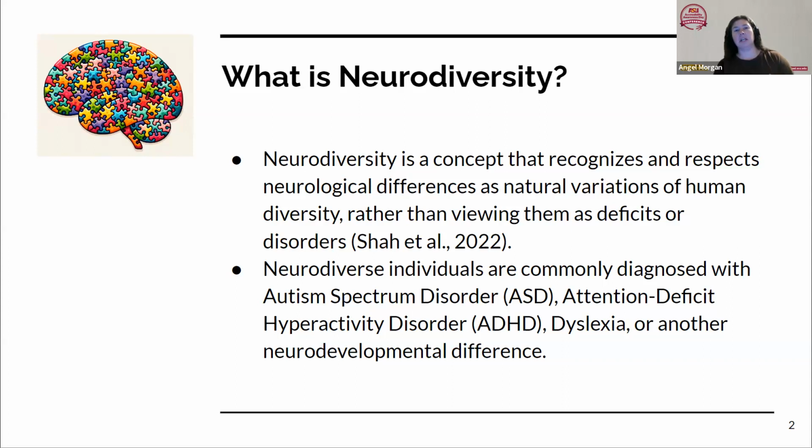Neurodivergence is about understanding and accepting who we are and our natural state, the way that we are as a human. So it's respecting how people learn and empowering people to do things their way and still accomplish the same goal, expecting different approaches and different flexibility within learning. Next slide, please.